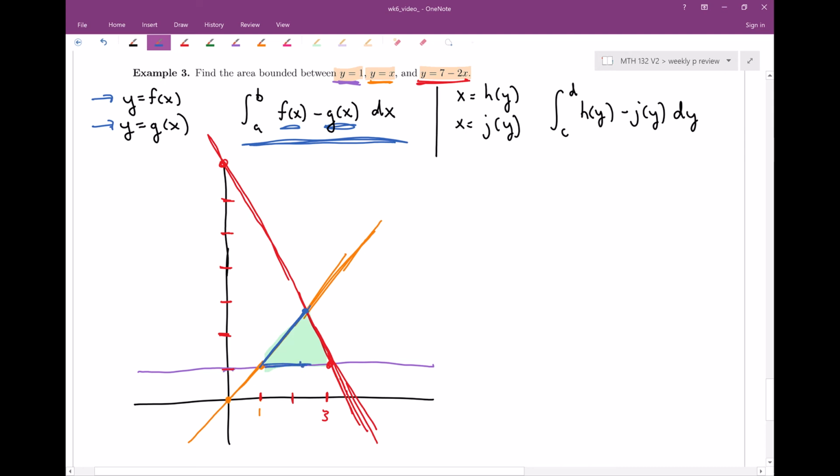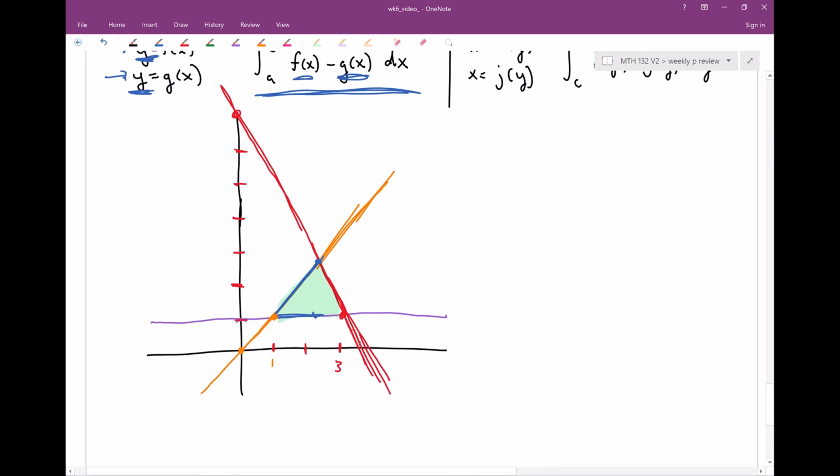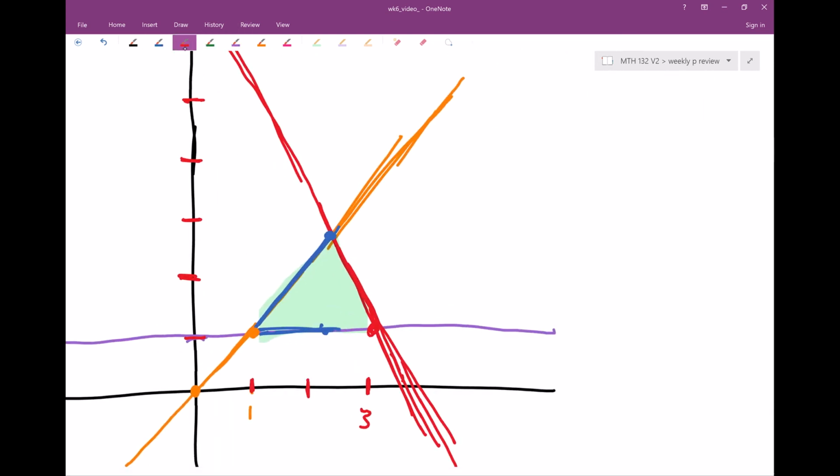When I say big, I mean that its y values are big, since we've solved for y. However, on the next interval, this red function right here seems to be our big function, and our small function is still given by y equals 1. So I would need to split this up, figure out the area here, where I have one big function minus one small function, and then find the area here.